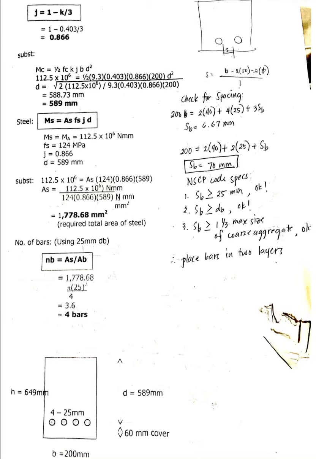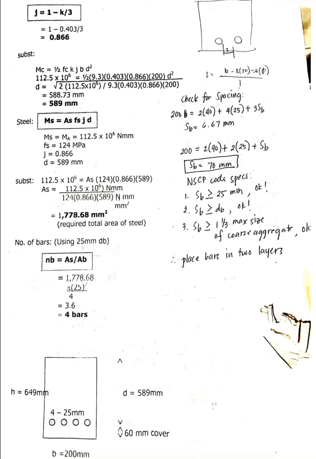So substitute the values. You have the formula for MC. MC is equal to MA, that is 112.5 times 10 power of 6, equal to 1/2 times 9.3 times 0.403 times 0.866 times the base, which is 200, times d squared.